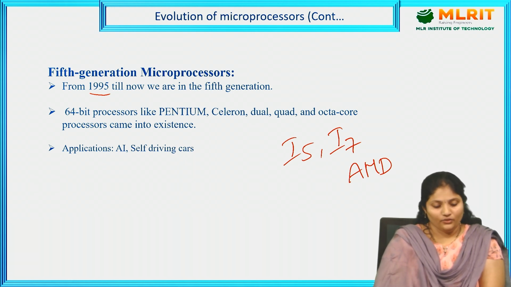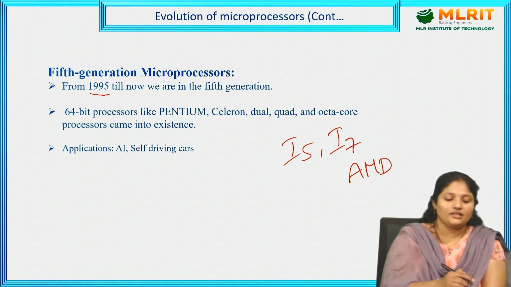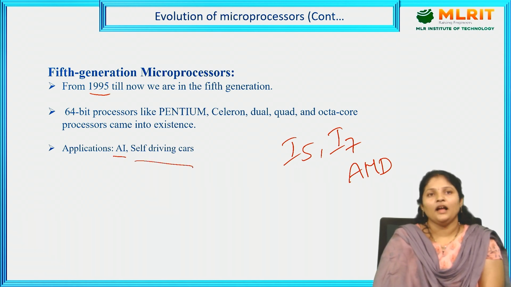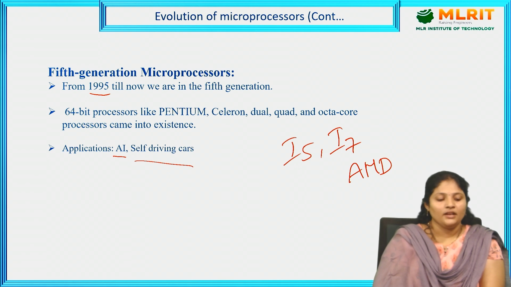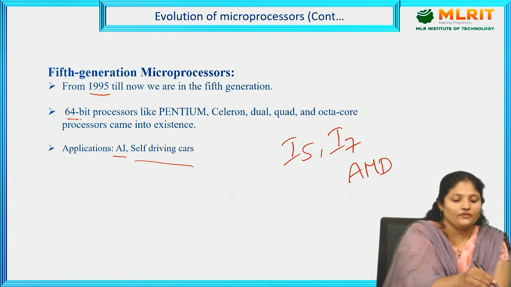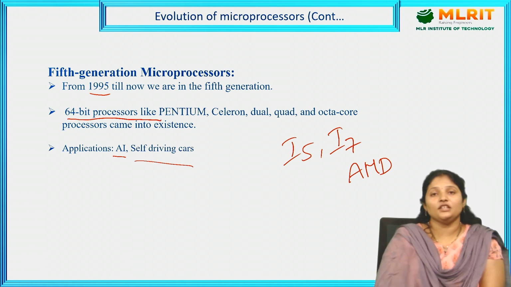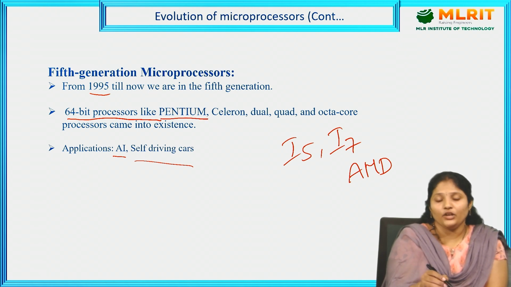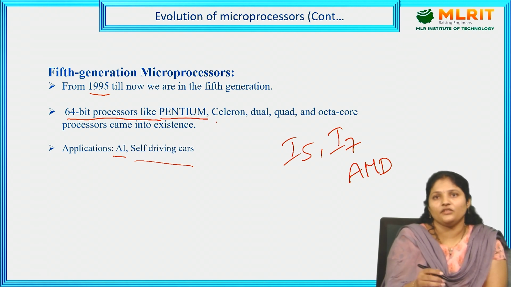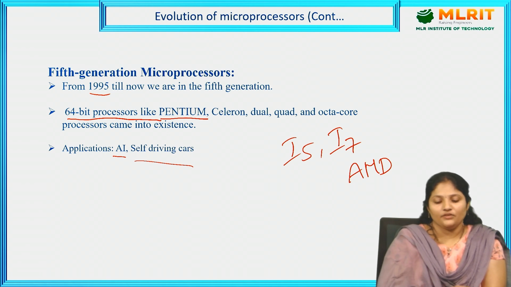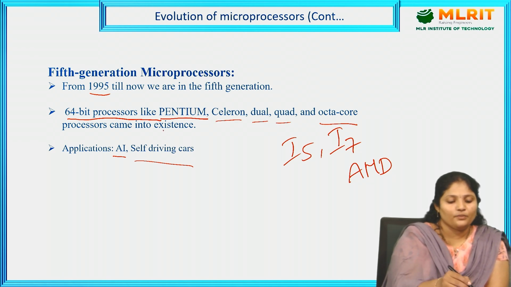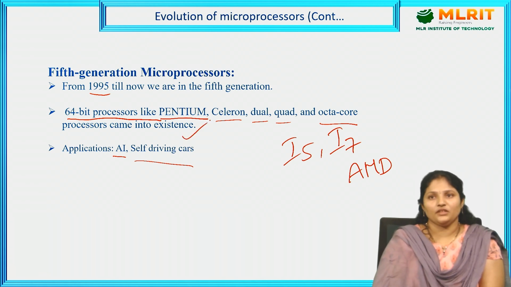And as you all know, by using these microprocessors there are artificial intelligence and self-driving cars. There are huge applications of these microprocessors. These fifth generation microprocessors are 64-bit processors, including Pentium processors, Intel Core 5th generation, Intel Core 7th generation, Celeron, Dual, Quad, and Octa Core, which came into existence in this 5th generation.